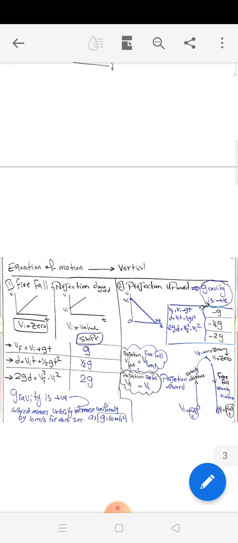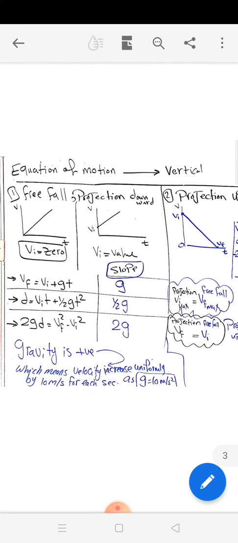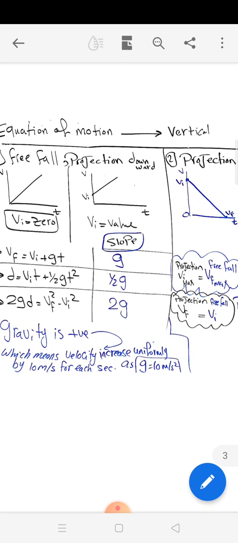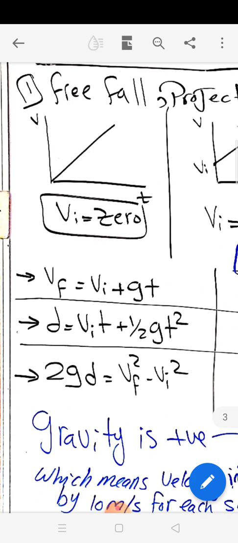In the free fall and the projection downward, the gravity is positive, which means that the velocity increases uniformly by 10 meters per second for each second, as the gravity is 10 meters per second squared, a constant value. Here in the free fall, you have to know that the three equations of motion will replace the acceleration by the gravity, and it will always start from an initial velocity of 0.